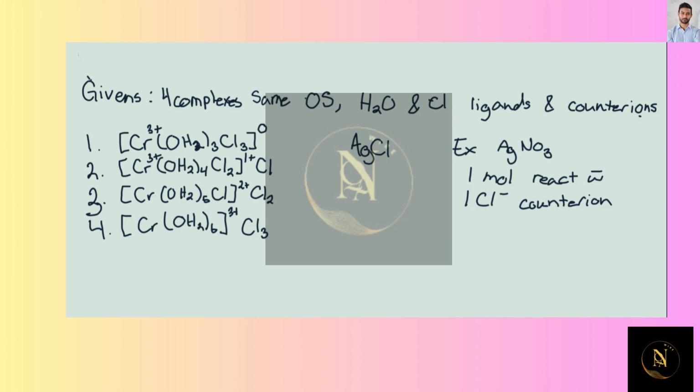So, knowing this, we have an excess of the silver nitrate. This 4th complex right here has 3 Cl minus counterions, and therefore this is going to generate 3 moles of this silver chloride. We can then do this with complex 3 right here, which will generate 2 moles, 1 mole for complex 2, and obviously 0 moles for this first complex.